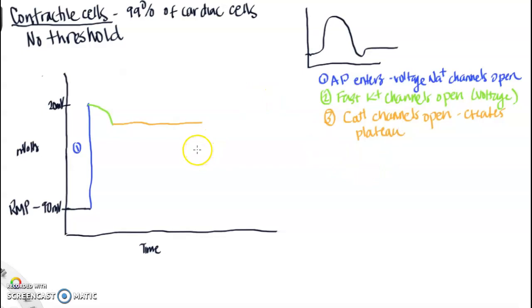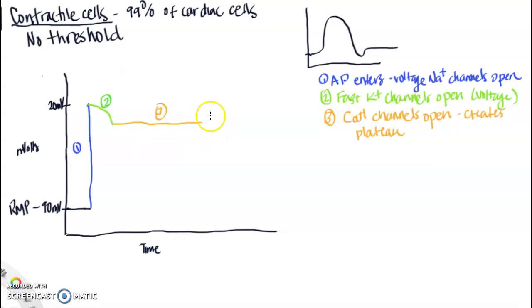I'm going to put a little 3 here and a little 2 there, so you know where we are. The potassium is leaving, calcium is coming in, and that's causing this weird plateau.